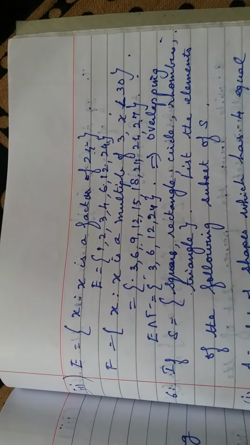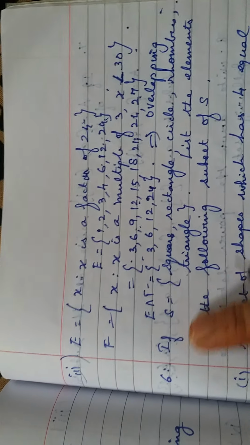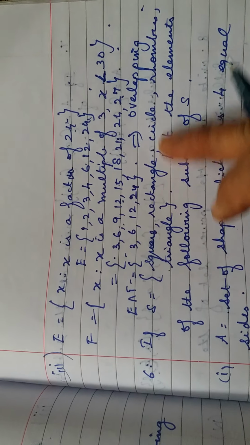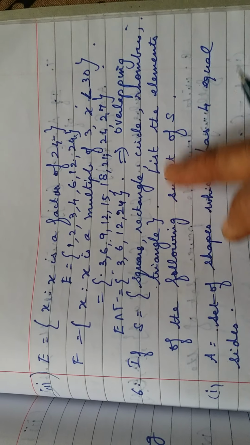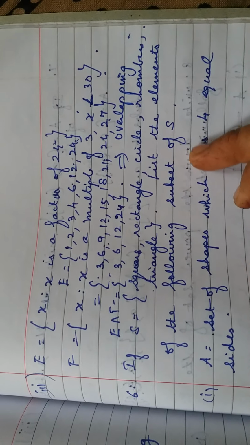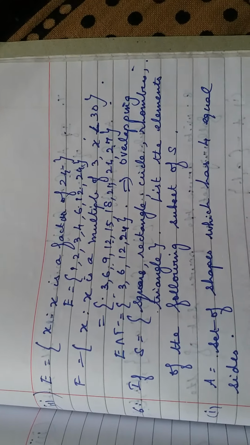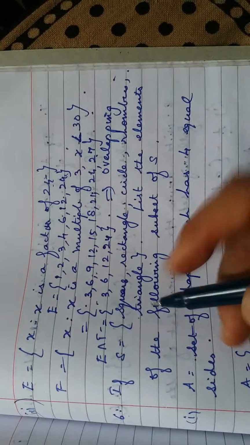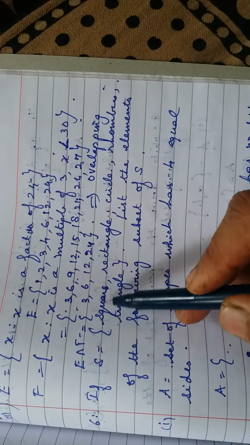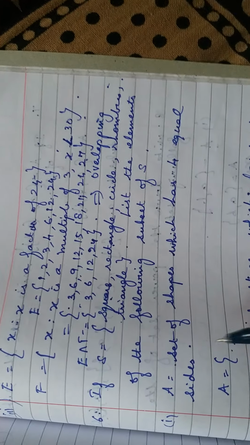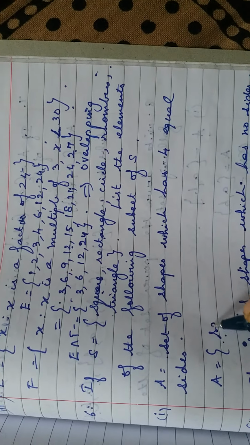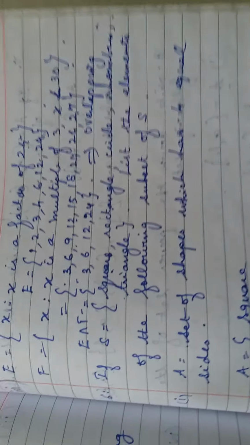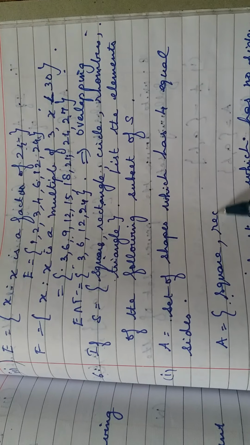Next, if S is equal to {square, rectangle, circle, rhombus, triangle}, list the elements of the following subsets of S. You have to select from the given set and write what is asked. The set of shapes which have 4 equal sides: square, rectangle, rhombus.